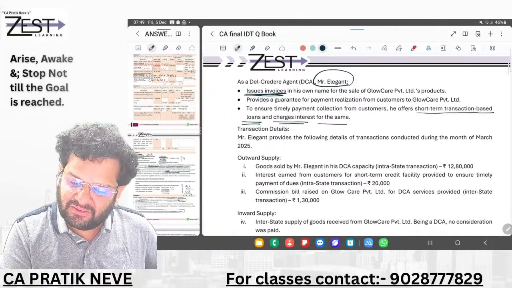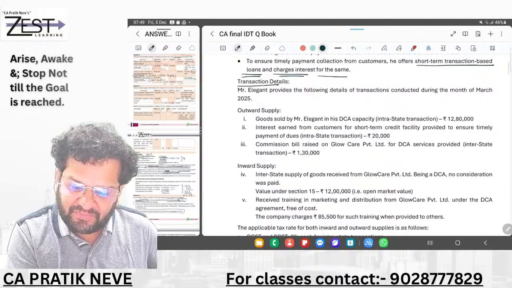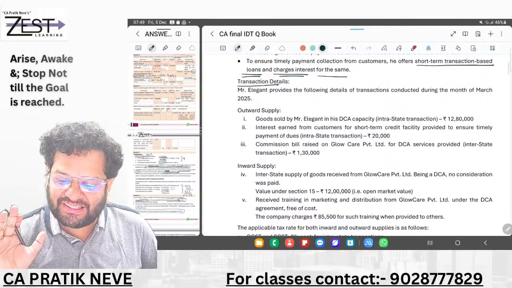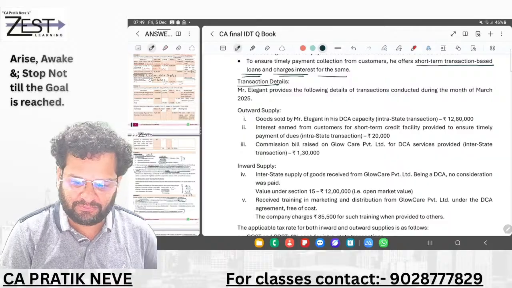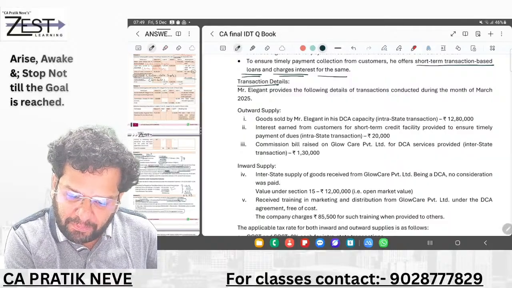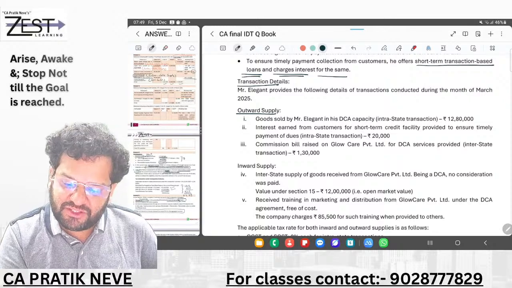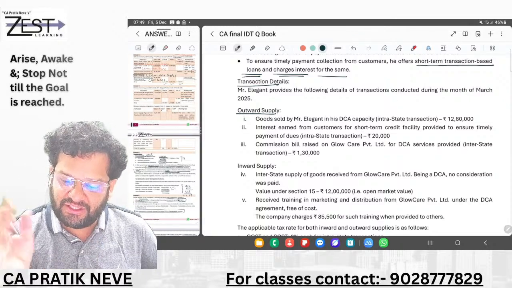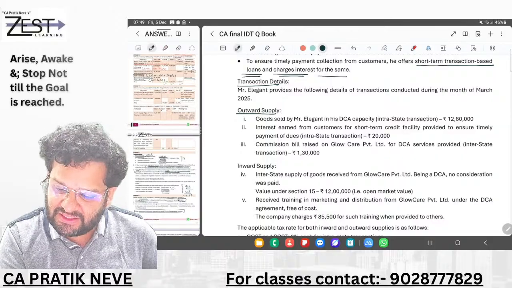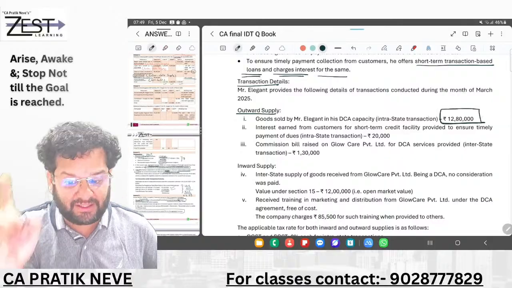Transaction details: Elegant provides the following details of transactions conducted during the month of March. Outward supplies, goods sold by Mr. E in his capacity as an agent in DCA capacity, intrastate transaction 12 lakh 80,000.